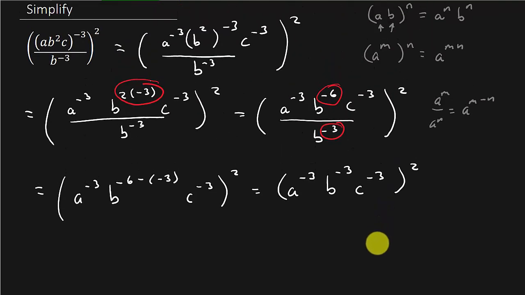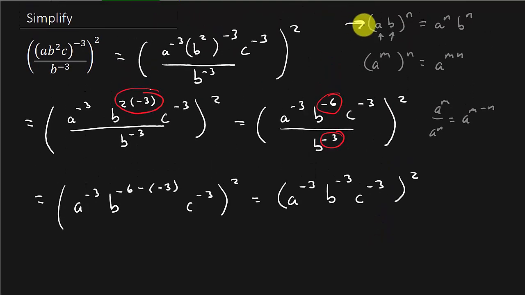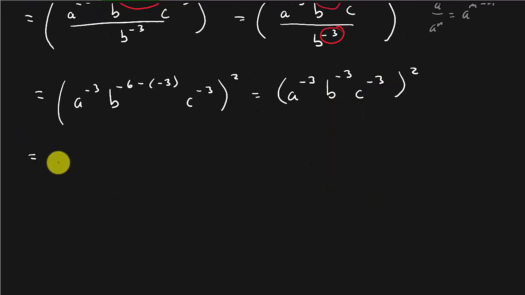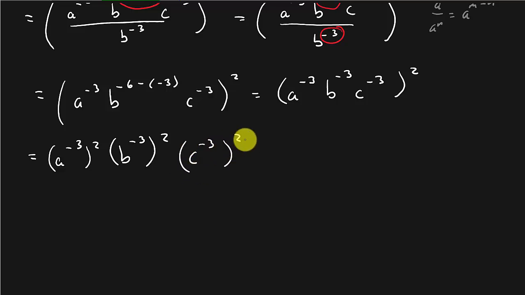All right, now we're going to go back up to the property that tells us we raise each one of these to the exponent outside. So that's a to the negative 3 squared, times b to the negative 3 squared, times c to the negative 3 squared.